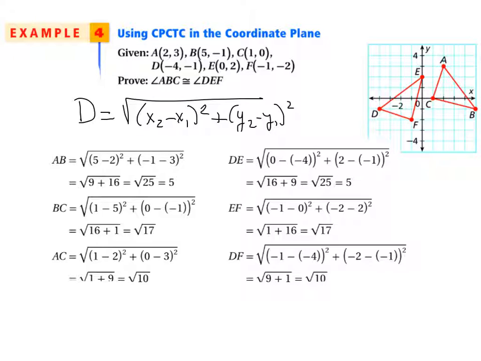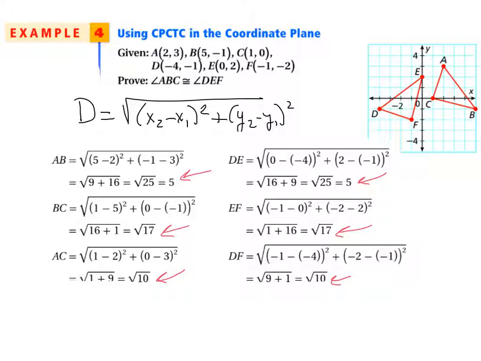Now I have all the work written here, but for AB, we subtract 5 minus 2, get 3. 3 squared is 9. Negative 1 minus 3 is negative 4 squared, which is 16. And we can go through and see all the sides. So you will notice that all of the sides are congruent.